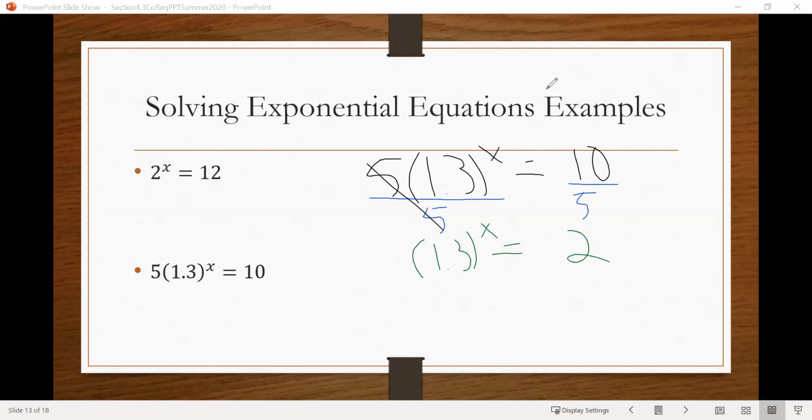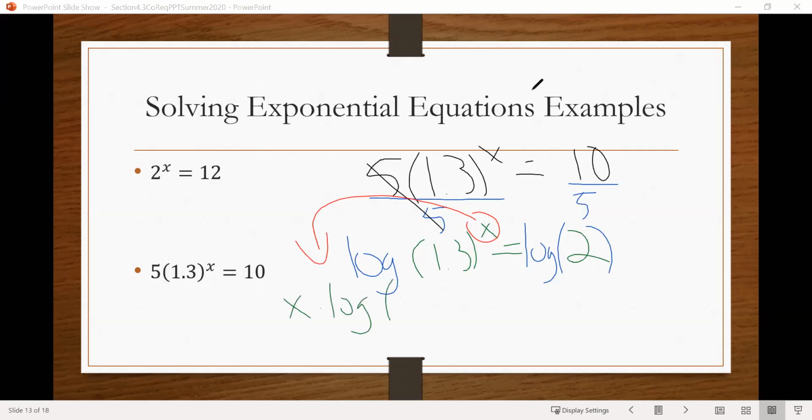And now that we have the exponential term isolated on the left, we can take the log of both sides, which will allow us then to move the x out to the front. So I have x times log of 1.3 equals log of 2.